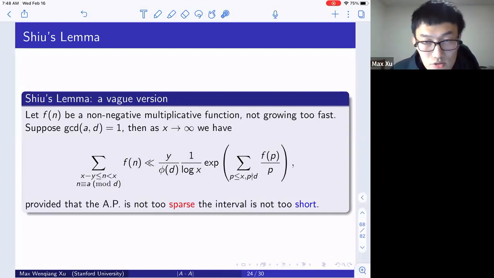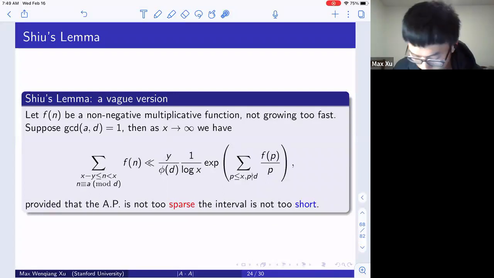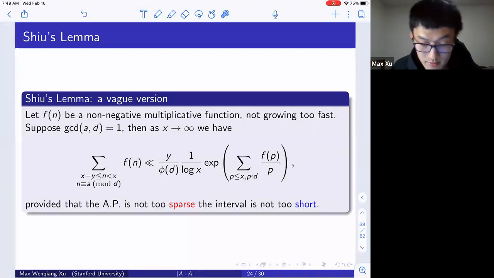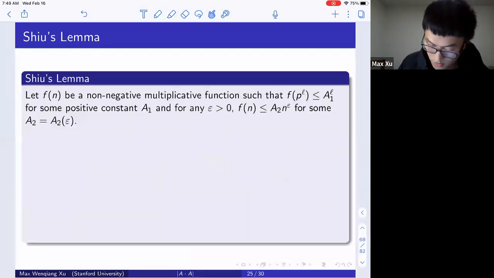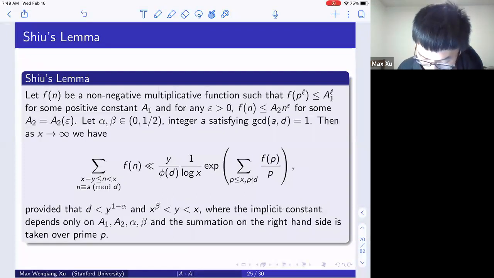Sparse and short are exactly the previous abstraction I meant before. Roughly speaking, as long as it's not too sparse and not too short, this formula will give you some good upper bounds. If you want to know the rigorous statement, I put it here if you want to check.